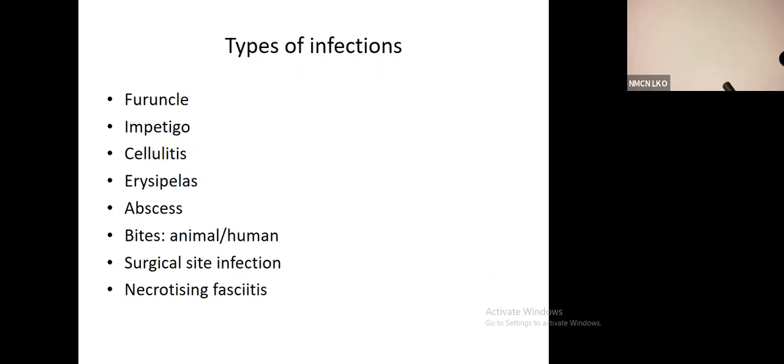Microbiology. So impetigo is a bacterial skin infection, yes or no? If you have a baby at home, it is easily spread to the mother or father.